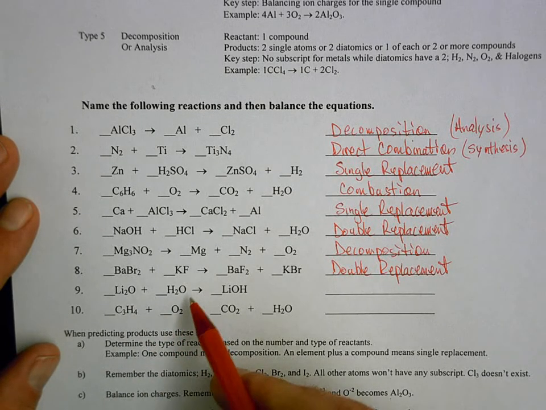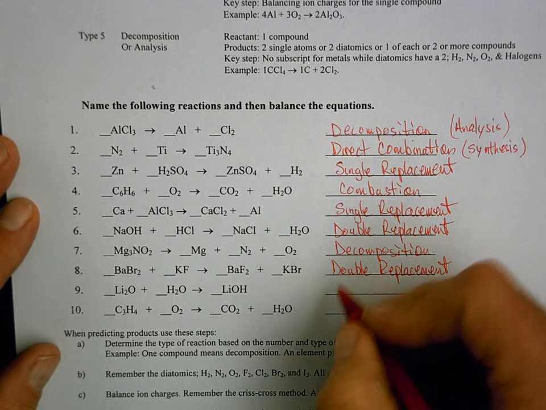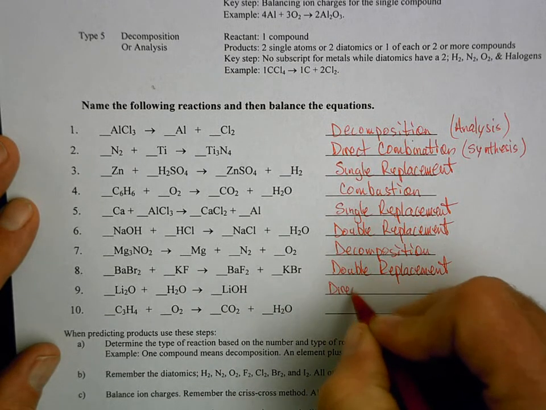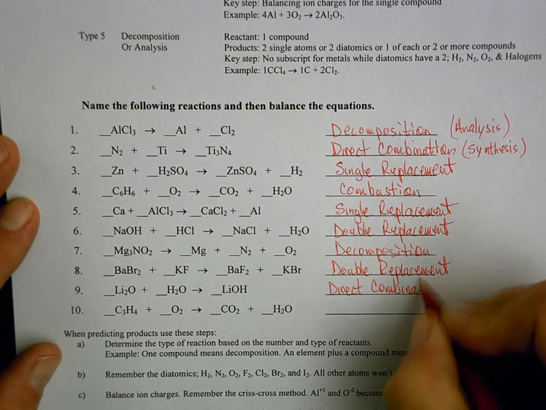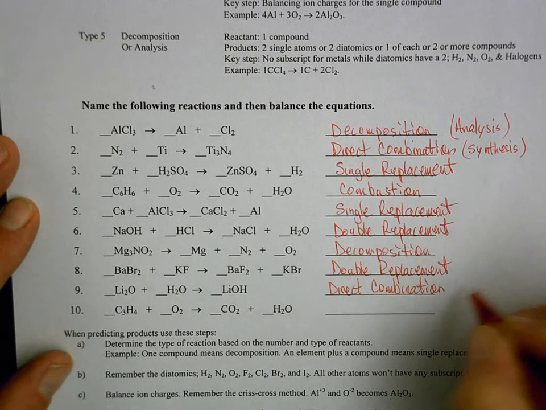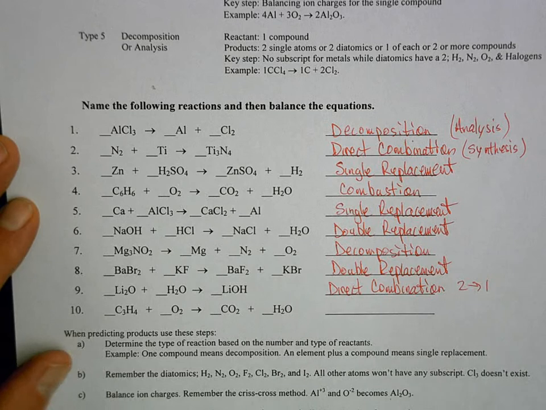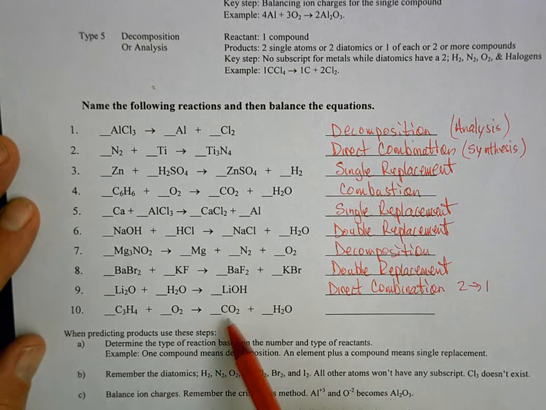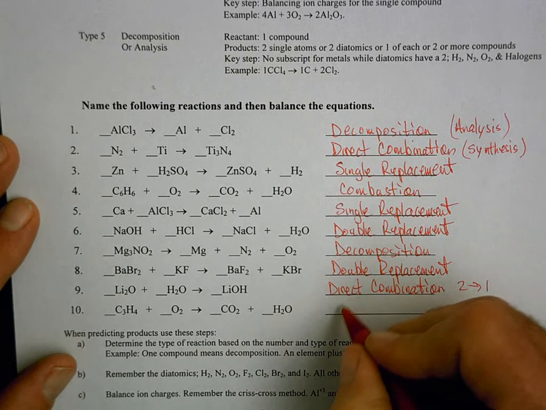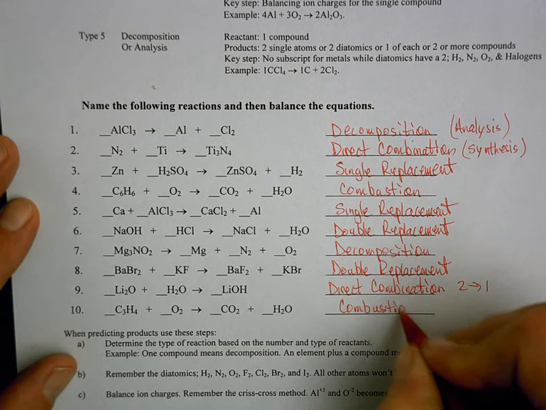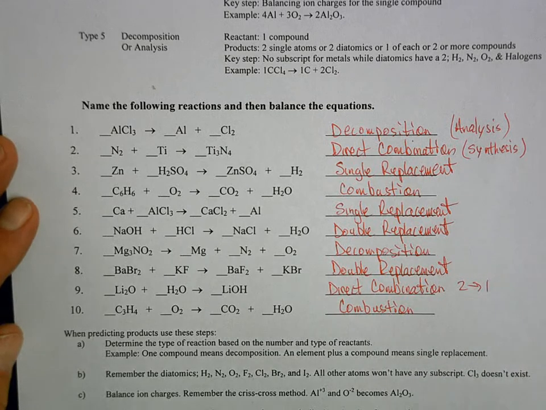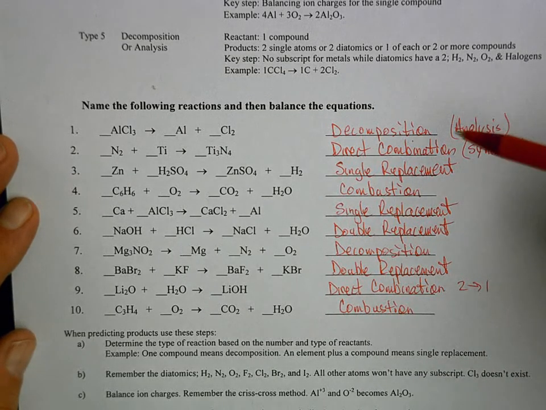And so just like number 2, this is still going to be direct combination. The key is 2 things got turned into 1 thing. And then the last one here, number 10, again, CO2, H2O, that is a combustion reaction. So, little practice with the 5 types of reactions.